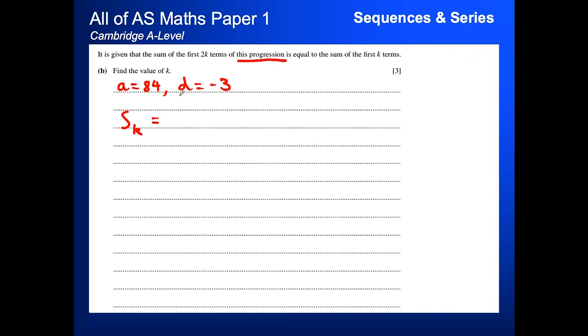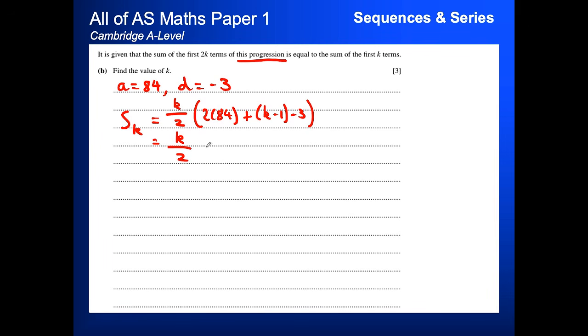So using the same formula as we did before, we get k over 2, and this is k this time, open brackets, 2 lots of a, so 2 lots of 84, plus n minus 1 d, so k minus 1 multiplied by minus 3. And let's simplify this down so it looks a little bit nicer.